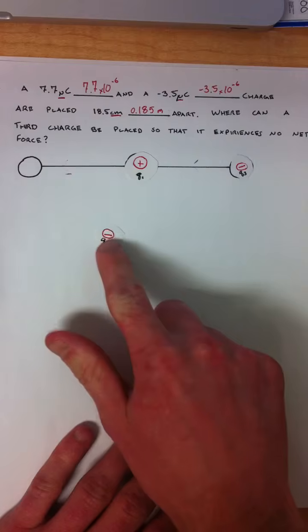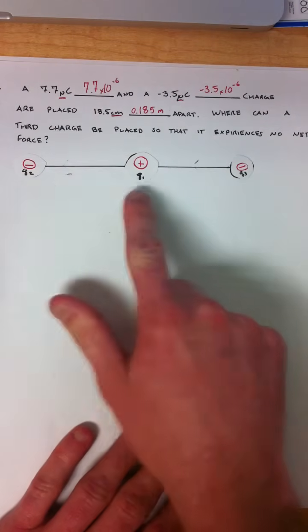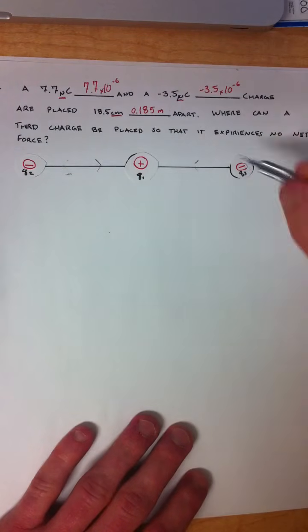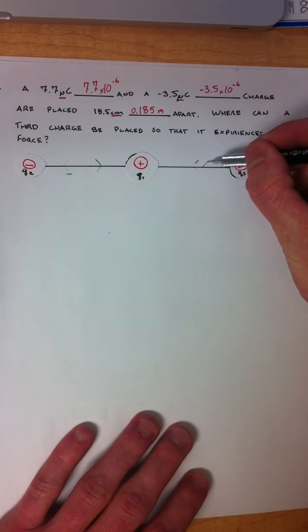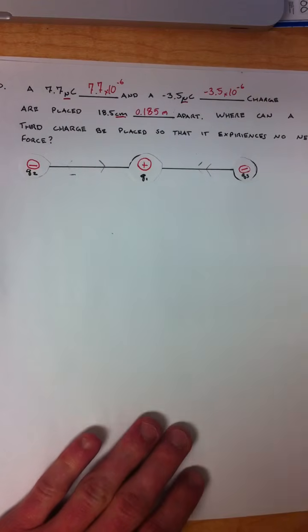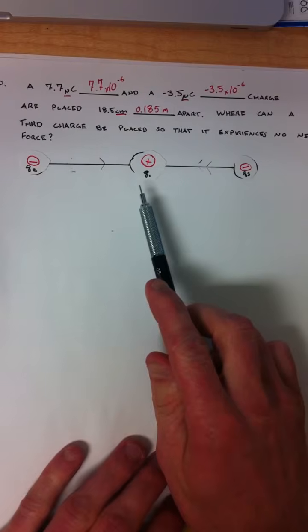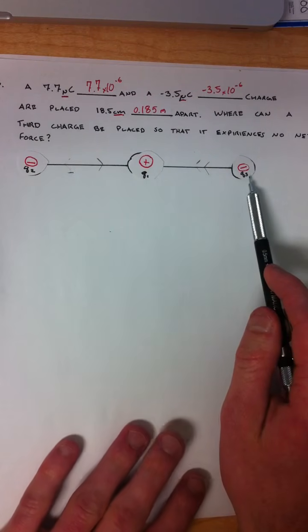So the other configuration we could try is putting the negative charge over here. It will be attracted to this positive charge, so it will tend to move this way and experience a force in that direction, and it will be repelled from this negative charge, so it will be pushed that way. This is interesting because we have opposing forces. But now we need to remember that our positive charge is larger than twice the magnitude of our negative charge.